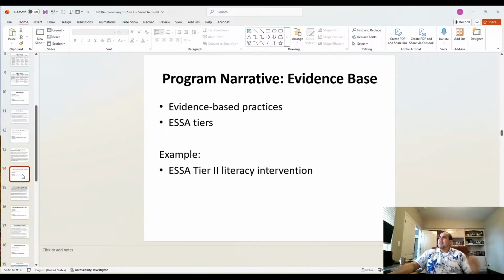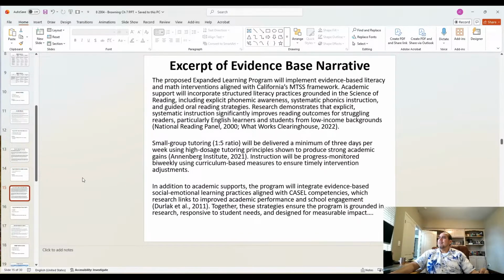Okay. All right. So then you have to have the evidence base, right? And so here's an example here. The proposed expanded learning program will implement evidence-based literacy and math intervention, aligned with California's MTSS framework.